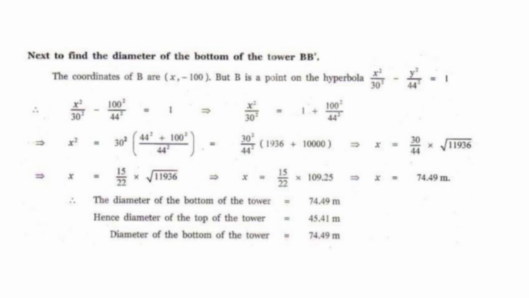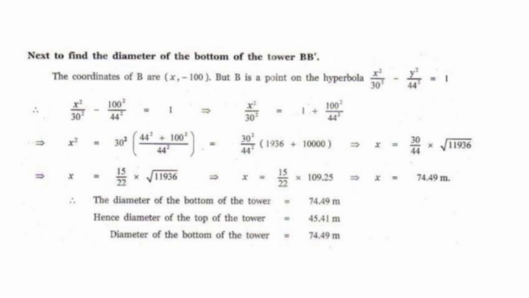Next, to find the diameter of the bottom of the tower, BB, the coordinates of B are x and negative 100. But B is a point on the hyperbola x squared over 30 squared minus y squared over 44 squared equals 1. So our solution will be substituting the negative 100. So that will be x squared over 30 squared minus 100 squared over 44 squared equals 1.